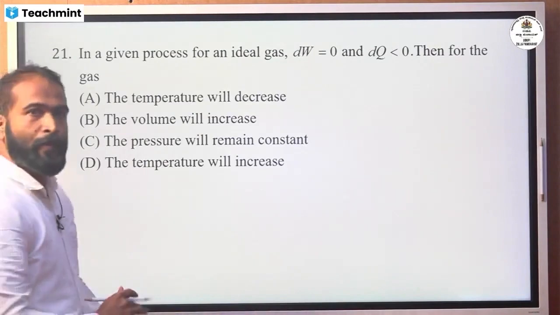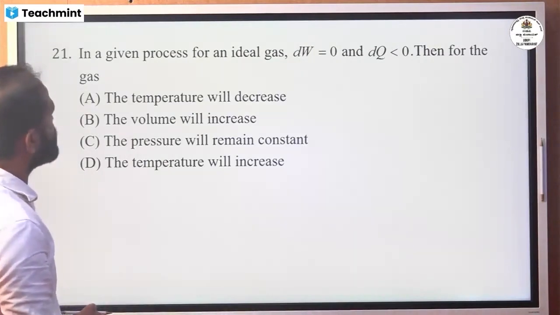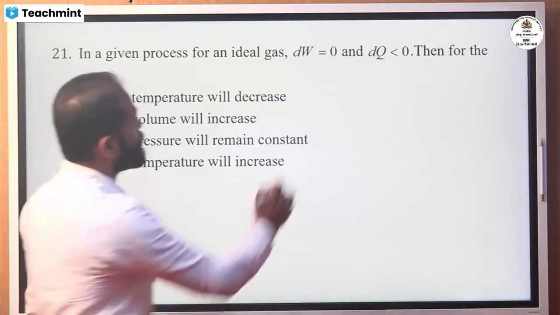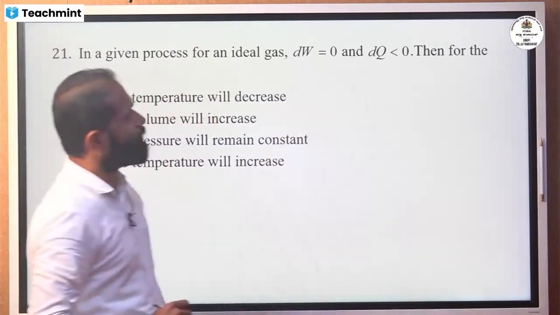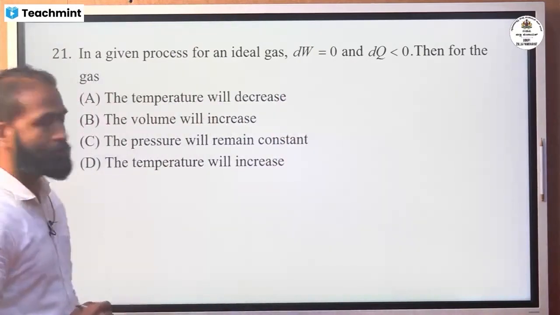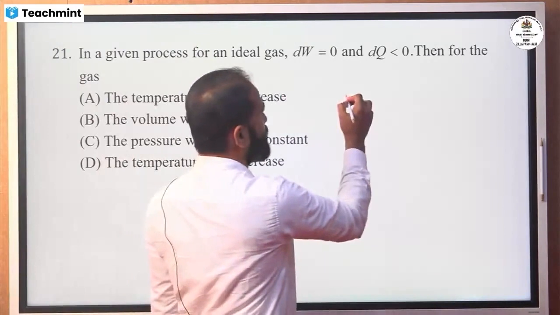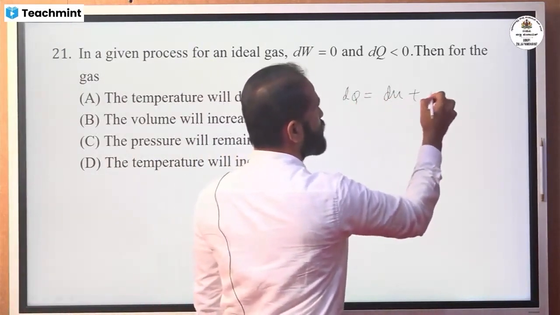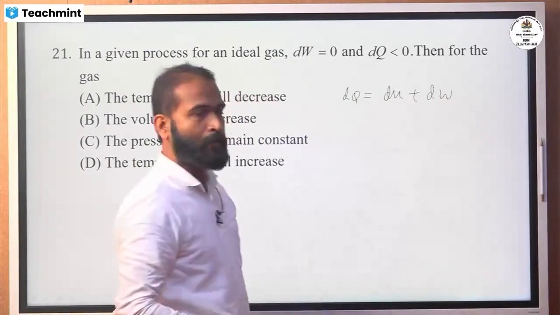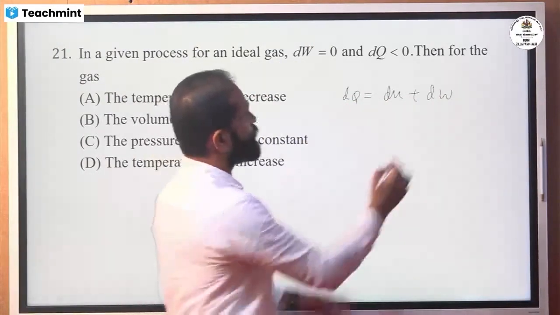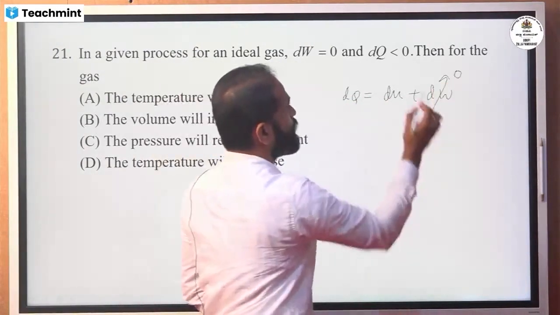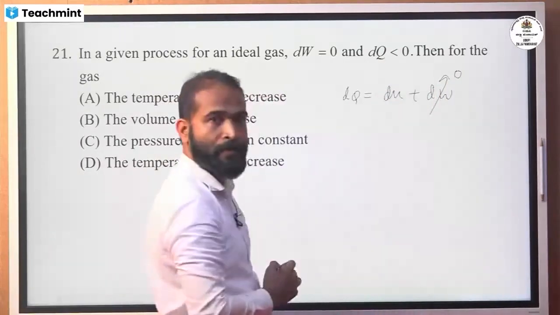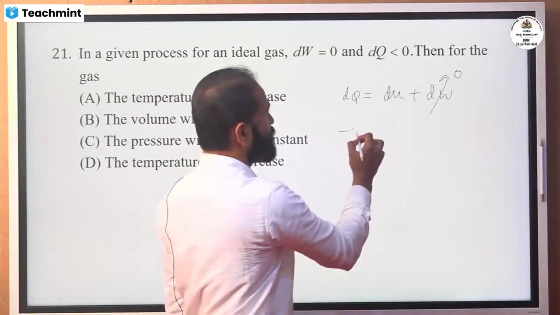Question 21. In a given process for an ideal gas, dW is equal to 0 and dQ is less than 0, then for the gas. Let's once again use the first law of thermodynamics. We have dQ equal to dU plus dW. Here dW is equal to 0, so this term becomes 0, and dQ is less than 0, which means it is negative.